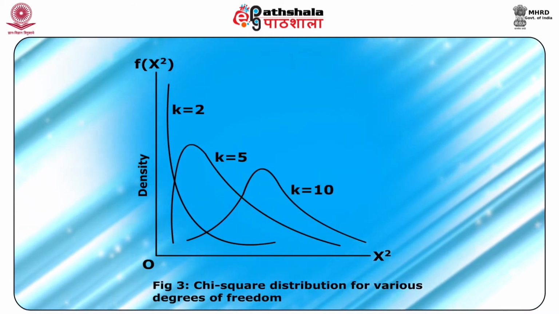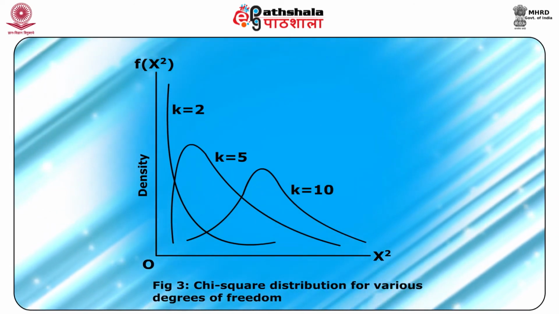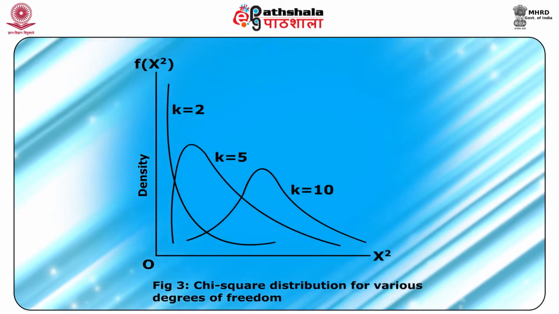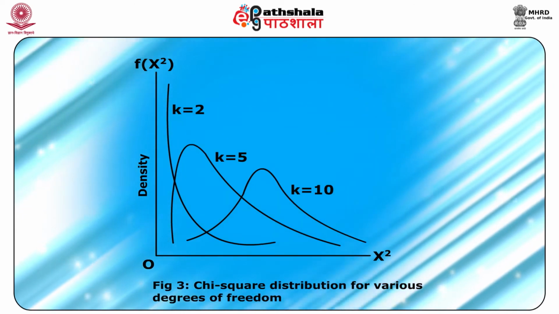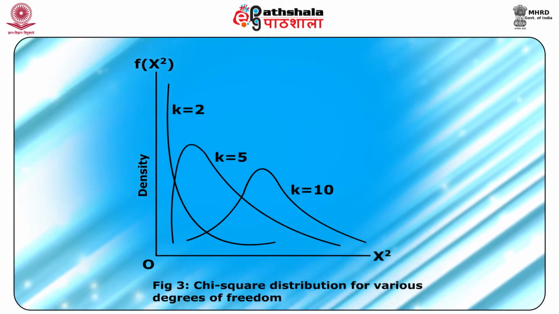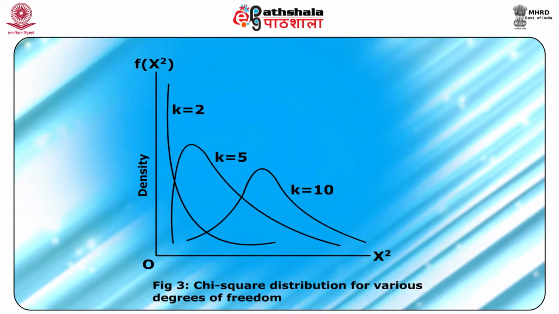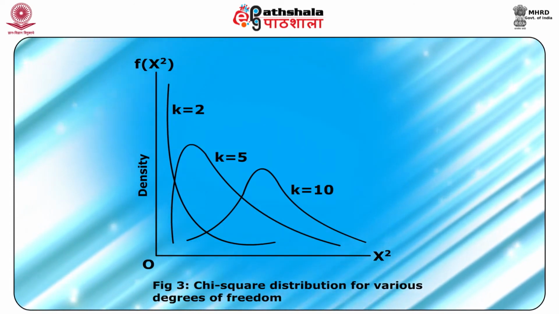The chi-square distribution is shown in our figure 3, where you have the density on the y-axis, which is f chi-square, and on the x-axis we have chi-square. And what we observe is that as the value of k increases, the distribution becomes more symmetrical.